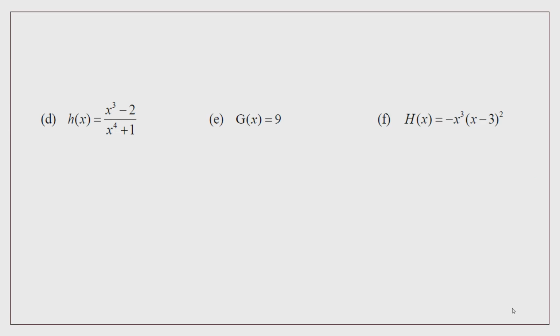h of x equals x cubed minus 2 divided by x to the 4th plus 1. All right, so here, h of x is not a polynomial because it is a ratio of two distinct polynomials.